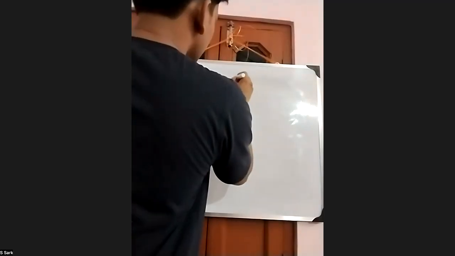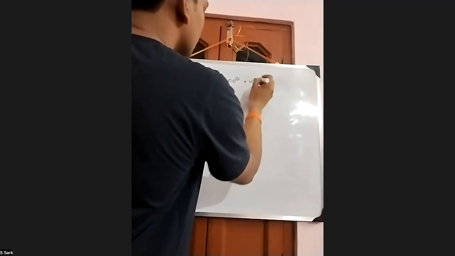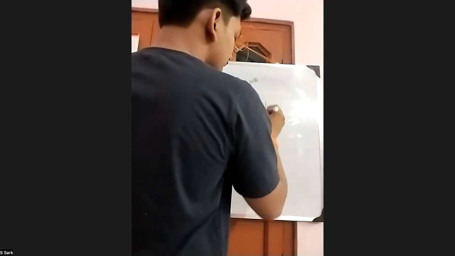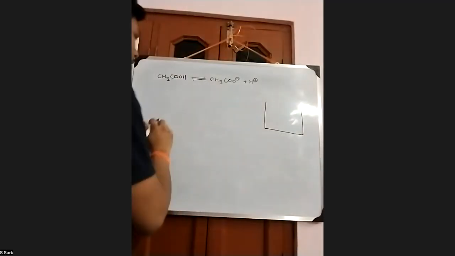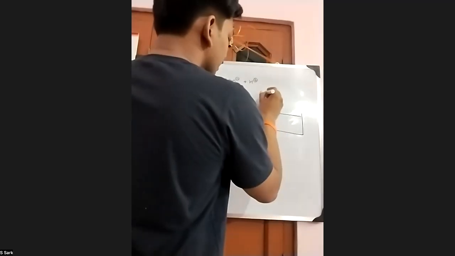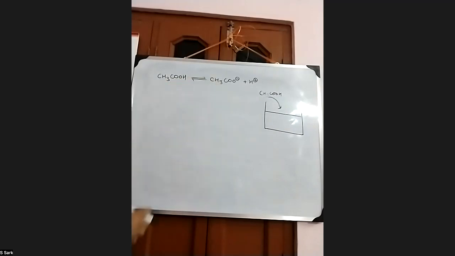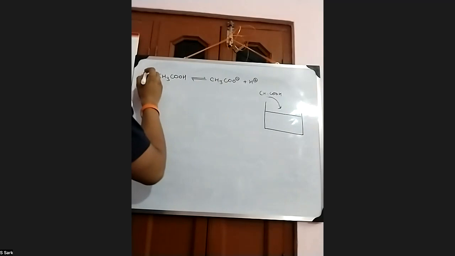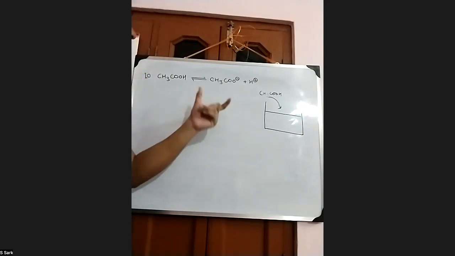If I take a weak electrolyte like acetic acid and put it in water, it will show this reaction. Firstly, let's say we have 10 molecules of CH3COOH in the water. Then the dissociation starts.